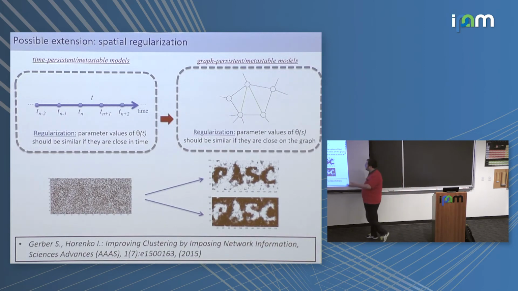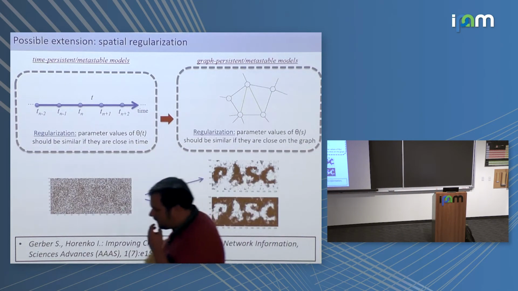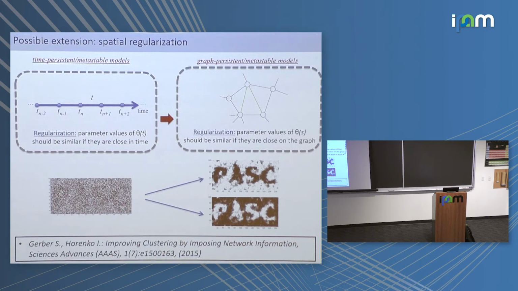This is nice. Possible extensions. Instead of time series, you can also consider the signal both in time and space. And then you can also use the space regularization, not only the time regularization. There is a nice paper about it.